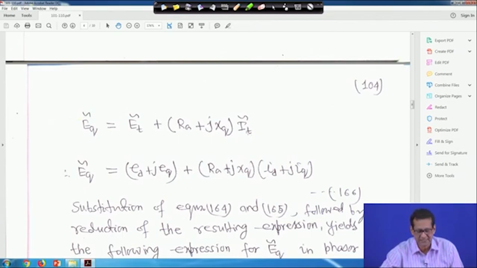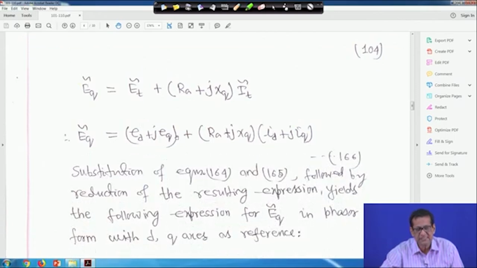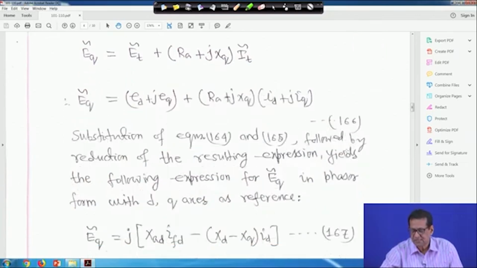Now, ET tilde is equal to ED plus JEQ, therefore, EQ tilde is equal to ED plus JEQ plus RA plus JXQ into ID plus JIQ. This is equation 166, right.